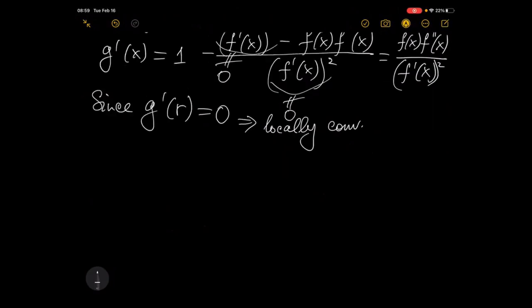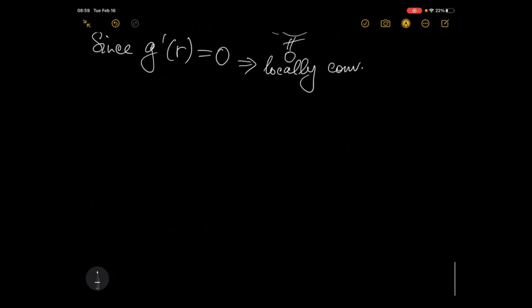Okay, so let us prove quadratic convergence. What we will need to use is Taylor's formula.